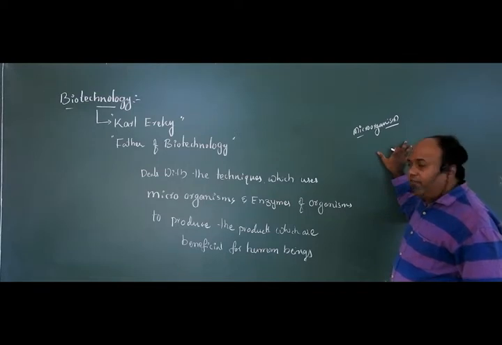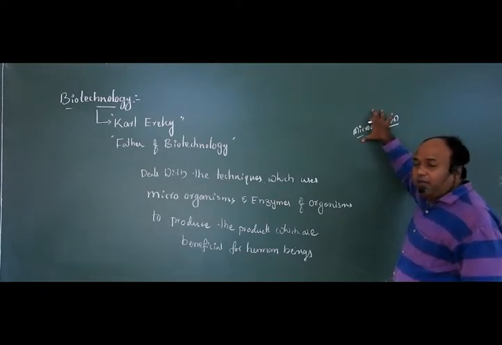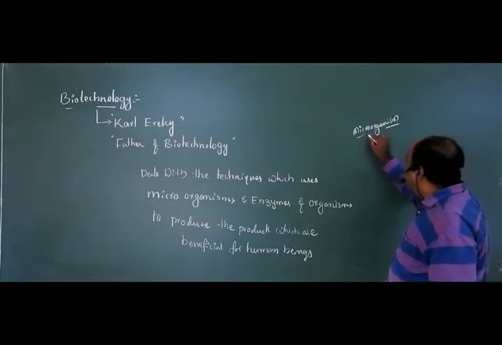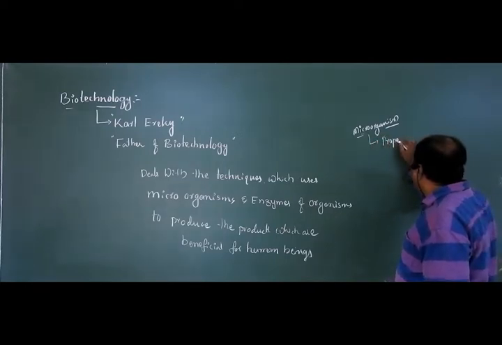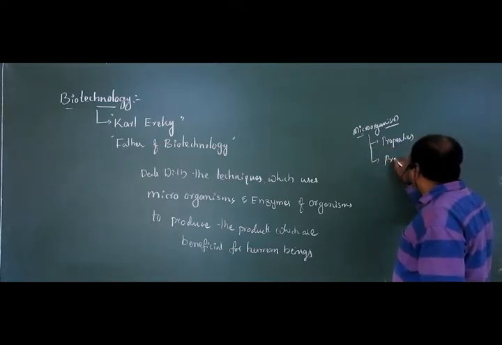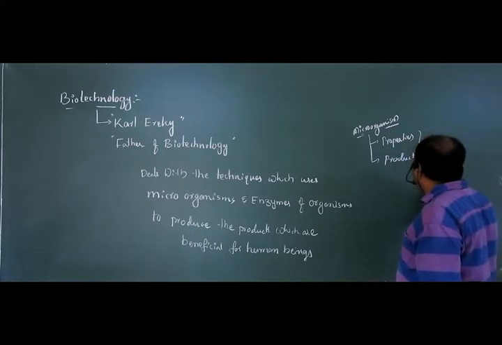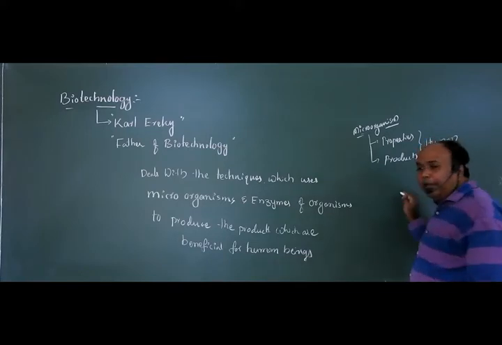Simple one. We are using the microorganisms, and what we are using here? We are using the microorganism properties, and we are using the microorganism products, which are beneficial for human beings. This is nothing but biotechnology.